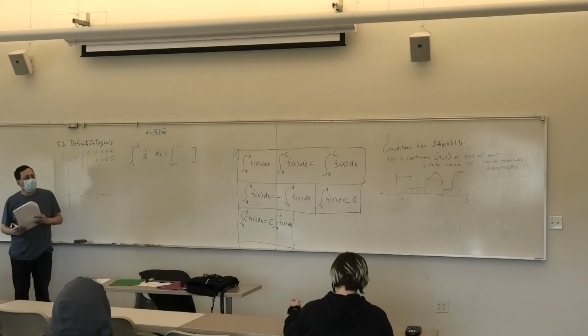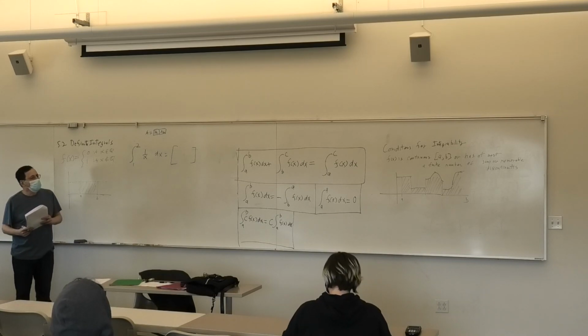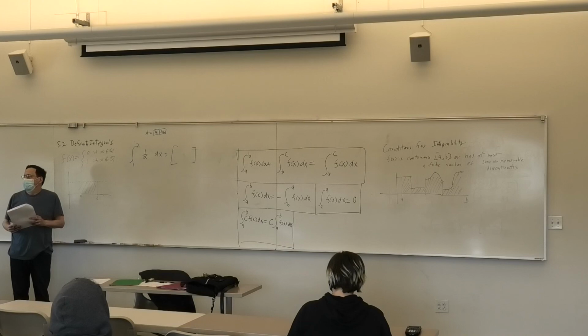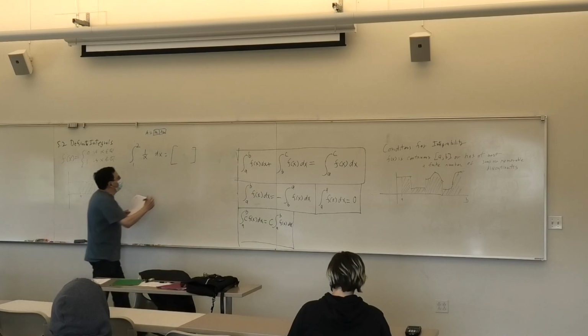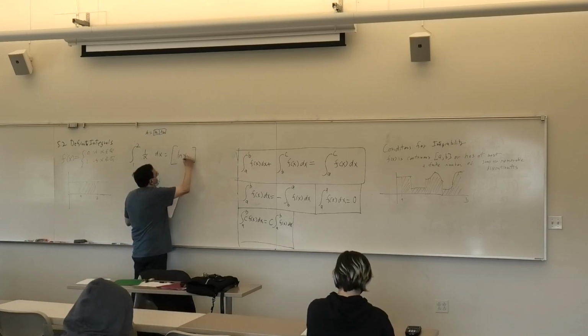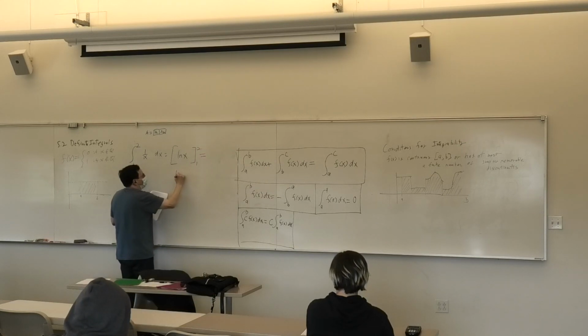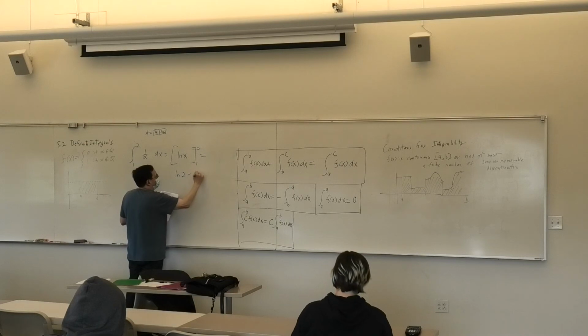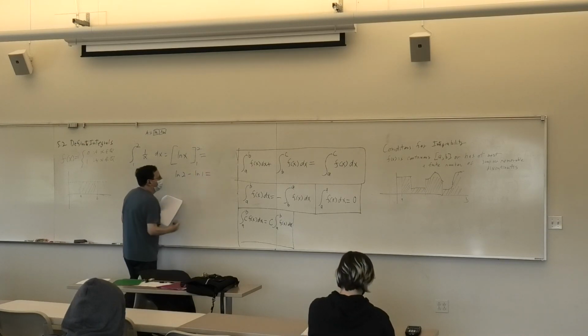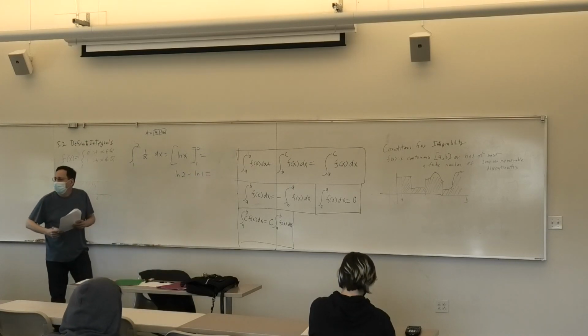Antiderivative of 1 over x? Yeah, that's the natural log of x. So we just end up with log of 2 minus log of 1. Anyone know how we can simplify that?